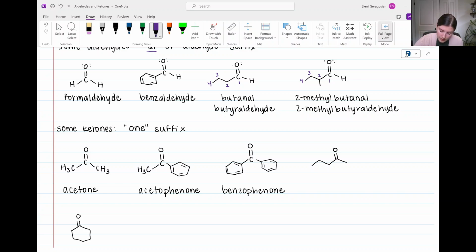This is another part of a ketone name, the phenone, that you should remember. Or if that ketone's bonded to an aromatic ring, a benzene ring, we use that phenone suffix.